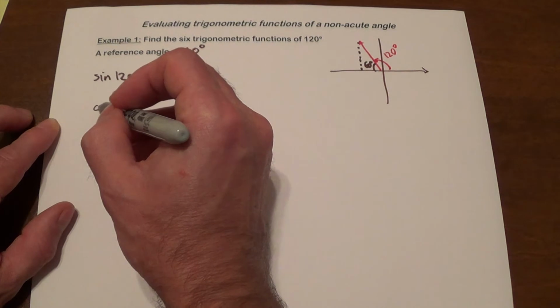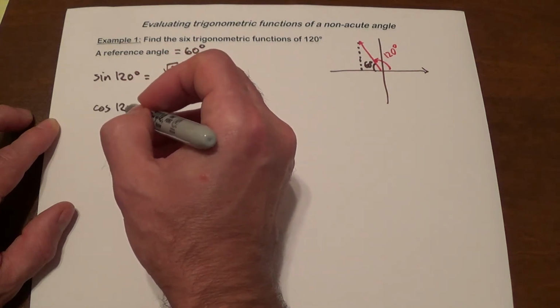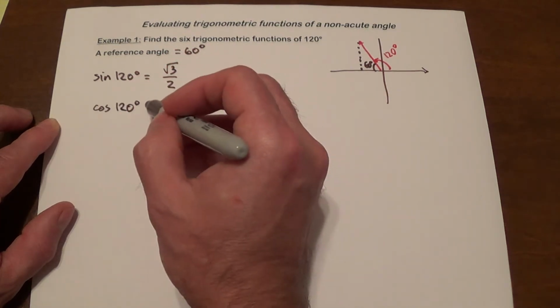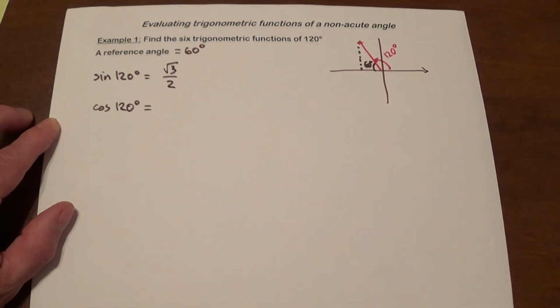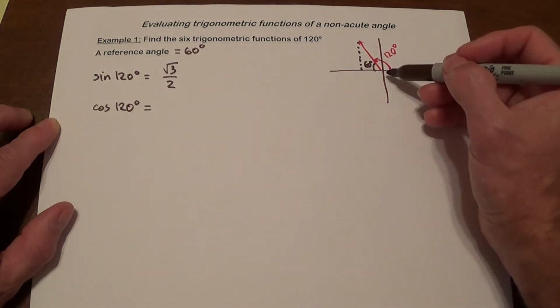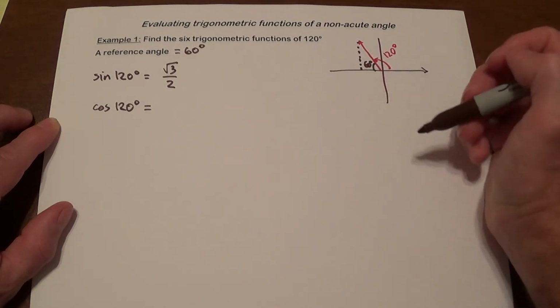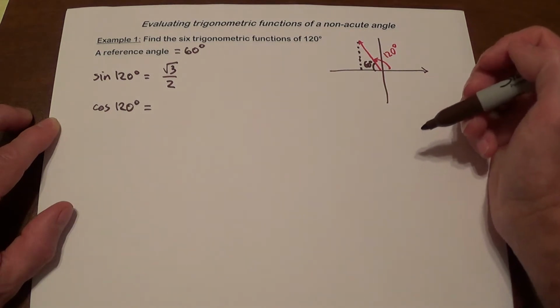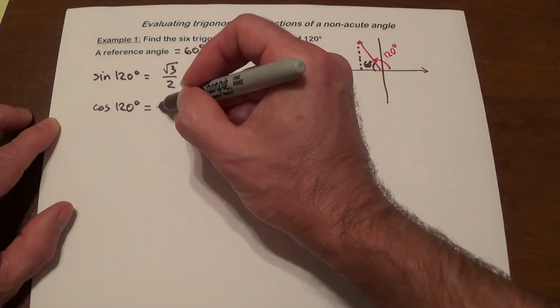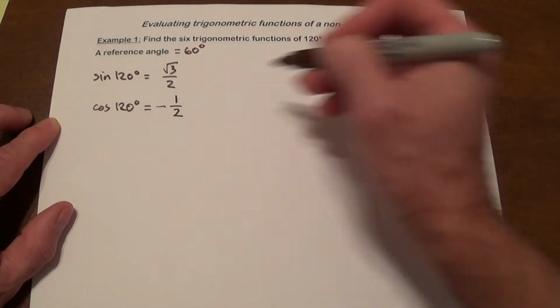What about cosine? So cosine 120 degrees. What about cosine of 60 degrees? Cosine 60 degrees is 1/2. But we're in quadrant 2, and cosine in quadrant 2 is a negative value, so it's going to be negative 1/2.